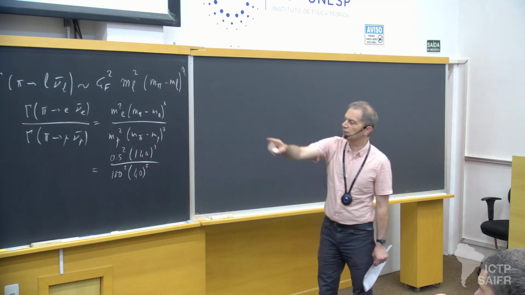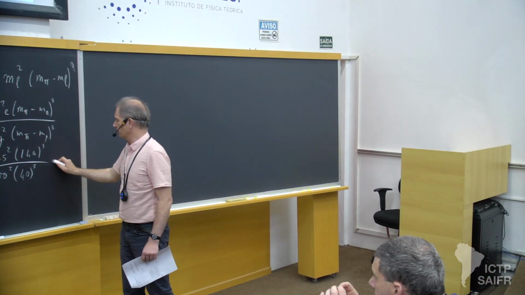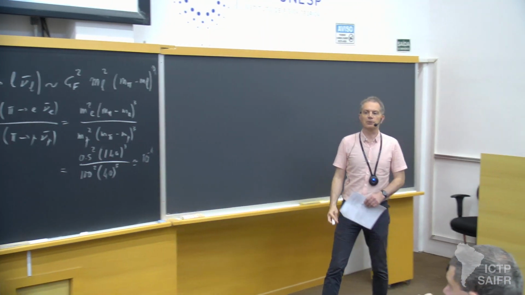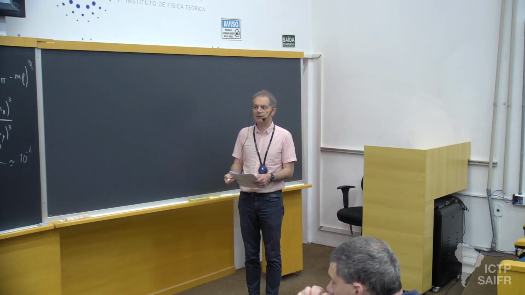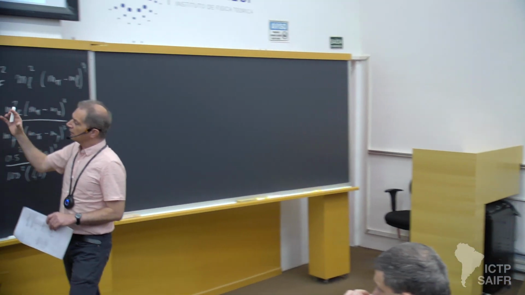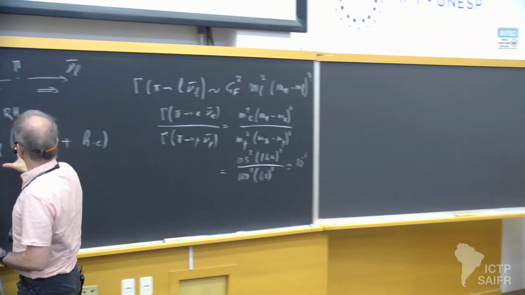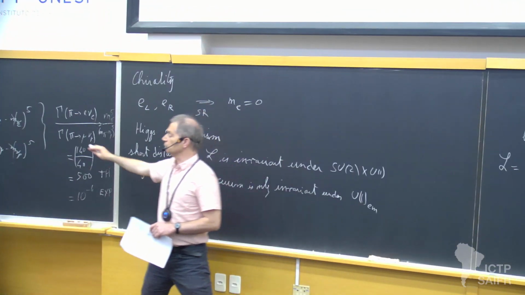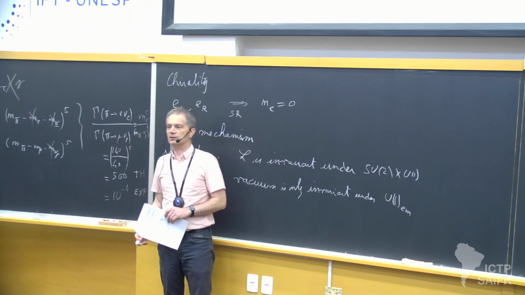And this is approximately the 10 to the minus 4 that was expected from experimental data. So you really see here that it's important to understand the symmetries and the selection rules to be able to compute this decay width properly.